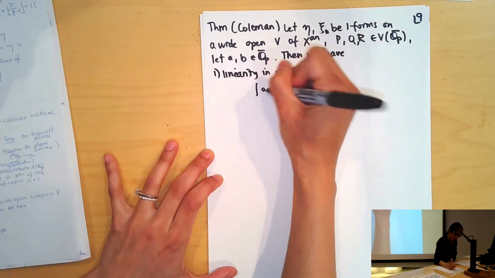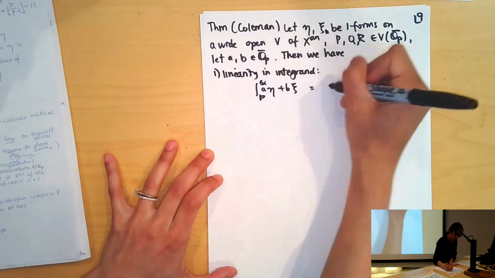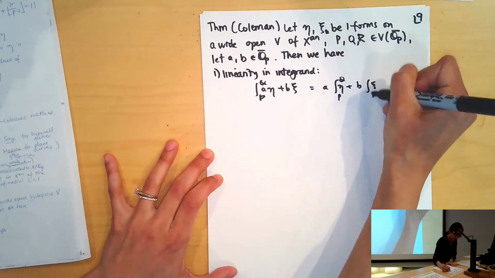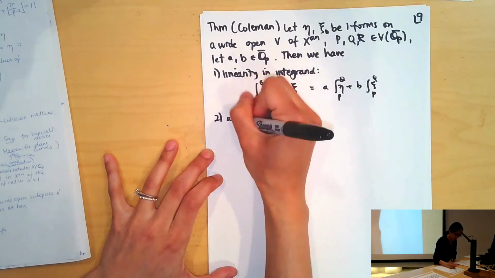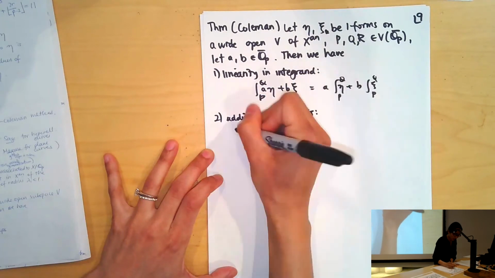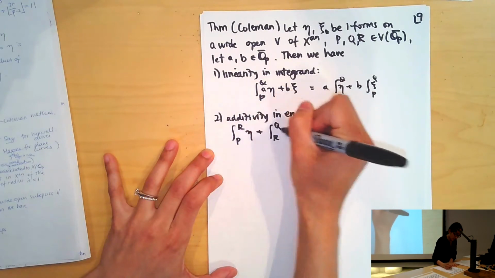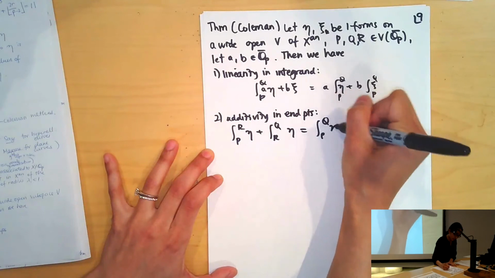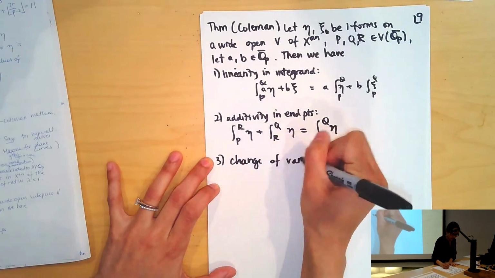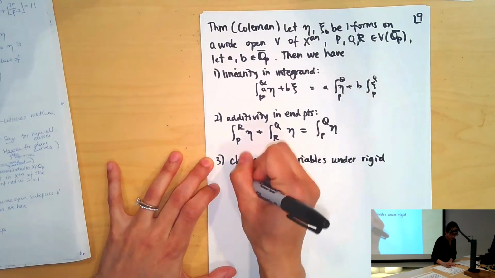So if I have A eta plus B xi from P to Q, this is A times the integral of eta plus B times the integral of xi. Additivity in endpoints: I can go from P to R and R to Q, and this is P to Q. I have change of variables under rigid analytic maps.